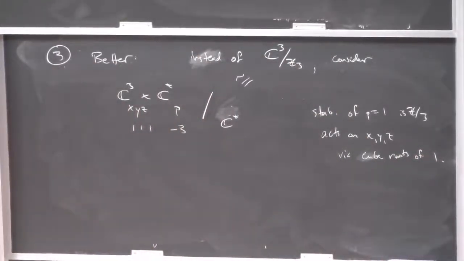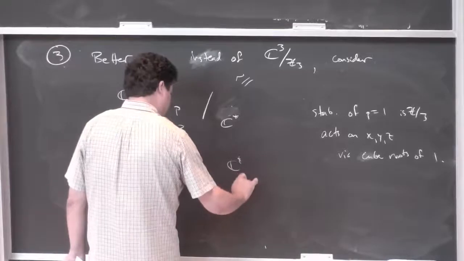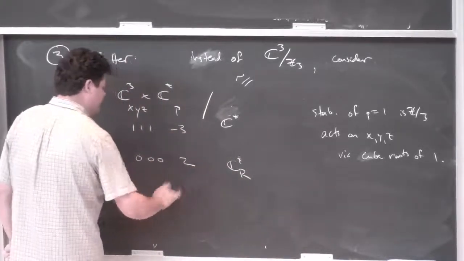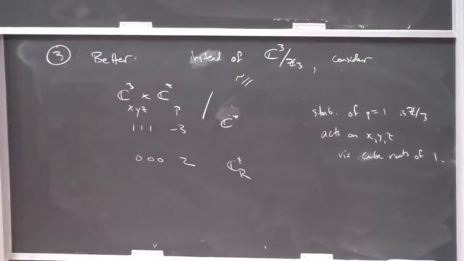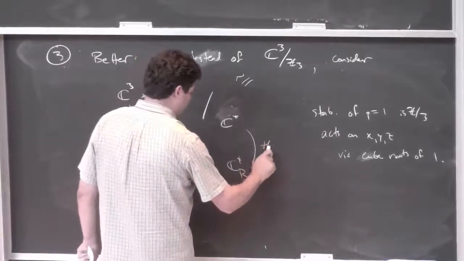Okay, so exercise, think about that. And now I'm going to let my R charge act more pleasantly in this chart. It is going to act with weights 0, 0, 0, and 2. And now this is okay. These commute.